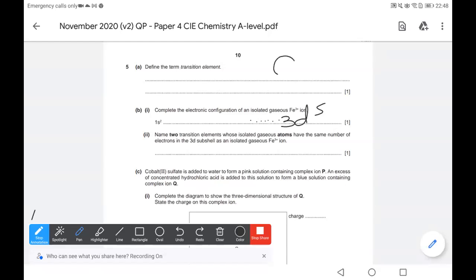In cobalt, there are 5 electrons in 3d orbitals. And there's another one, chromium. Chromium also has 5 electrons in 3d orbitals.